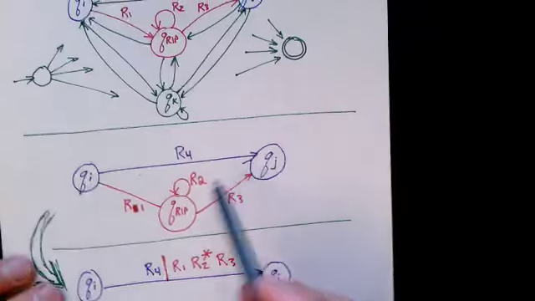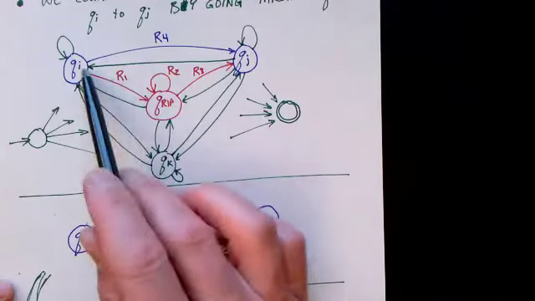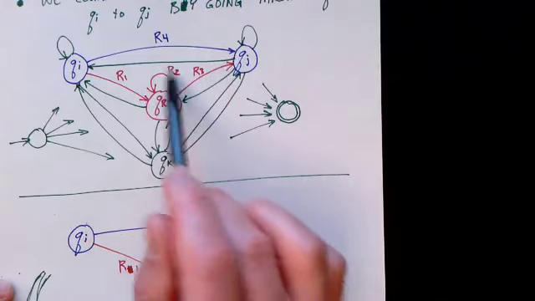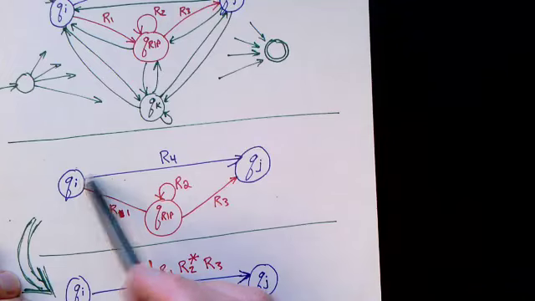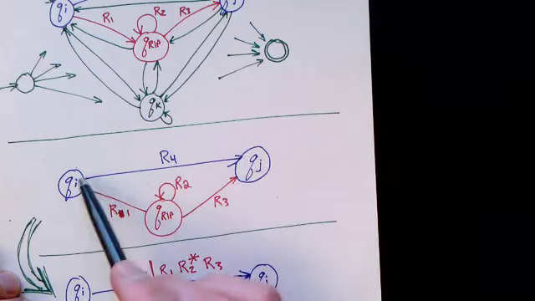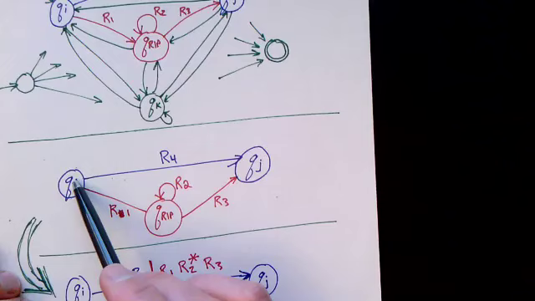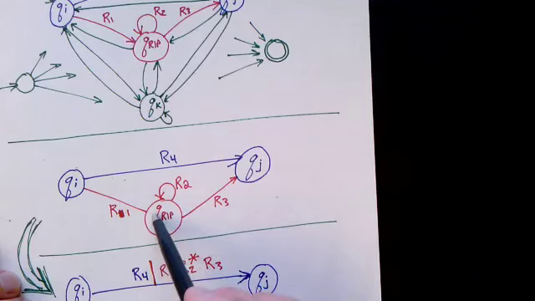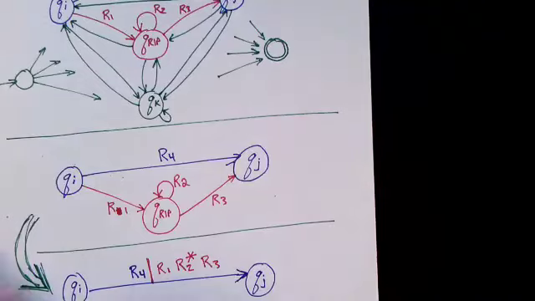Okay? So here I've drawn the same thing. I've ignored all the other edges besides just R4 and the edges in red, R1, R2, and R3. Okay? So we can get from Qi to Qj directly, and there's a regular expression that describes those strings. And we can get from Qi to Qj by going through Qrip, and the regular expressions that describe those edges are labeled R1, R2, and R3. Okay?